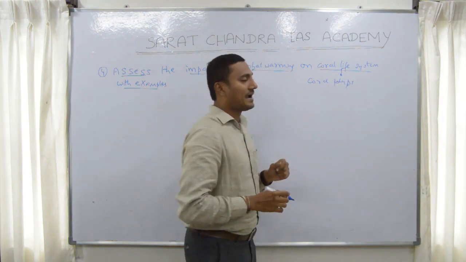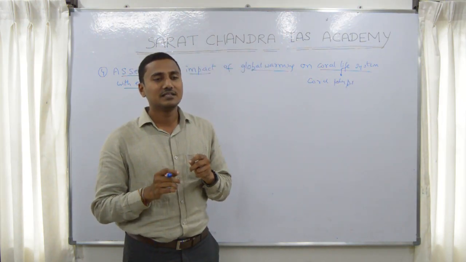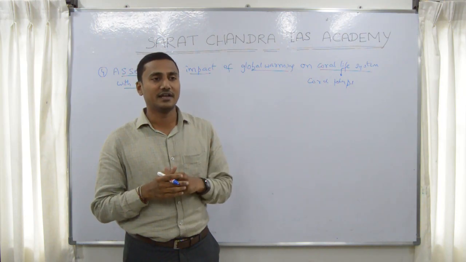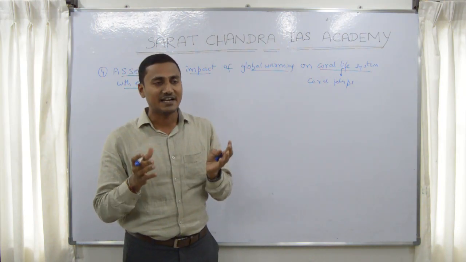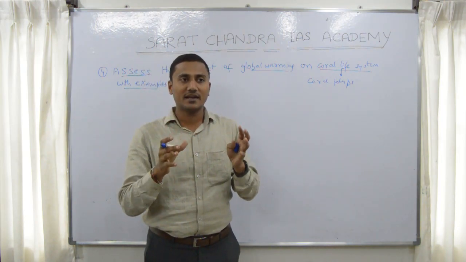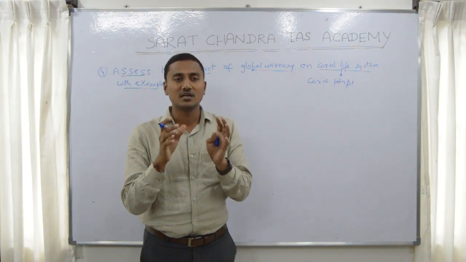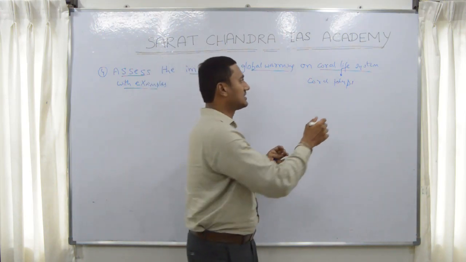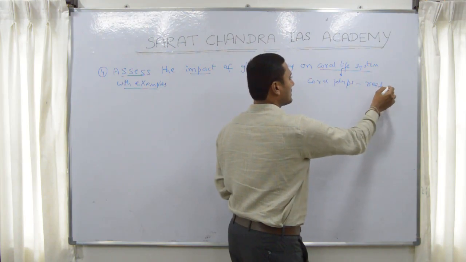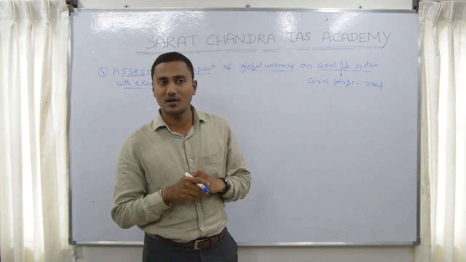These coral polyps secrete a hard carbonate that becomes an exoskeleton. This calcium carbonate will bind all the coral polyps in the form of a reef. It's actually the exoskeleton of the coral polyps.